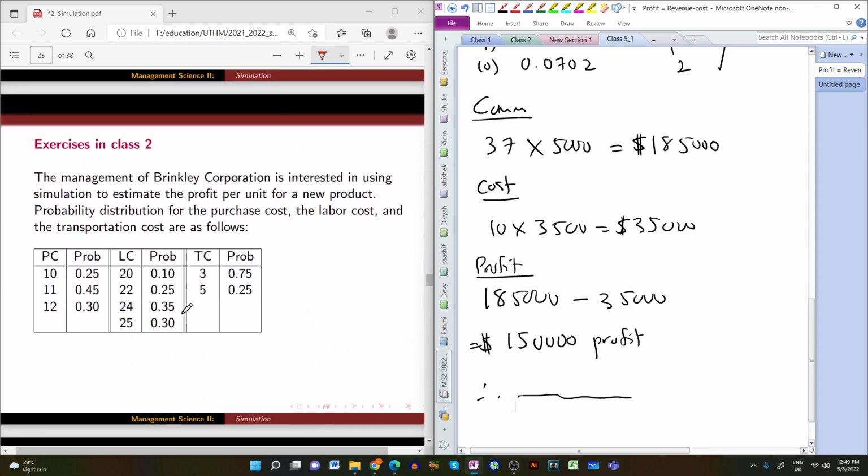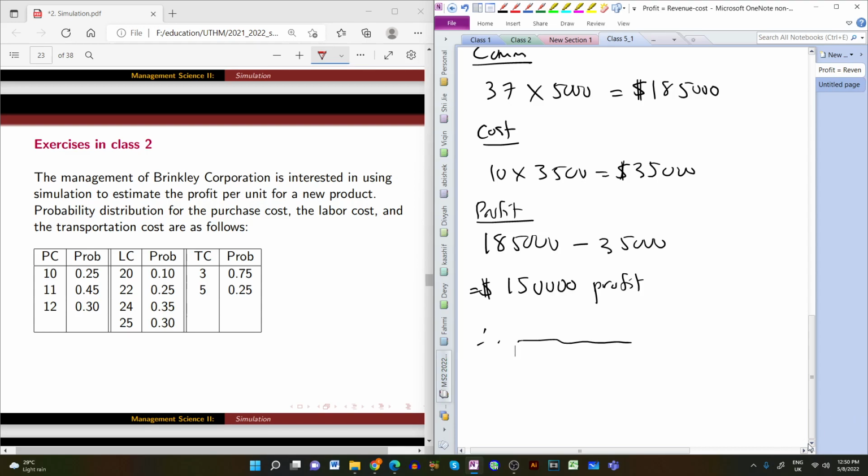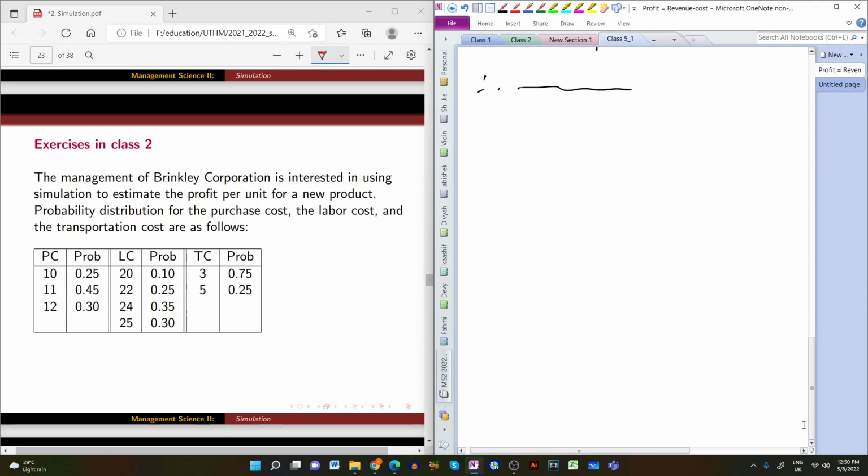Alright, exercise in class 2. Try to read first. There's a new product.